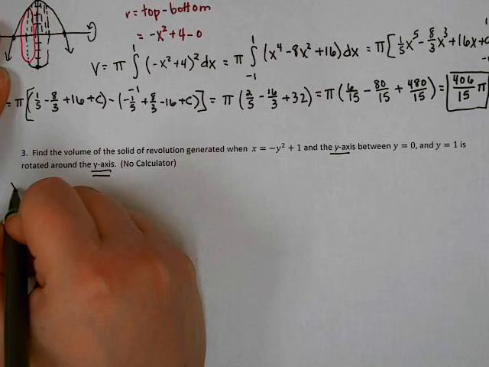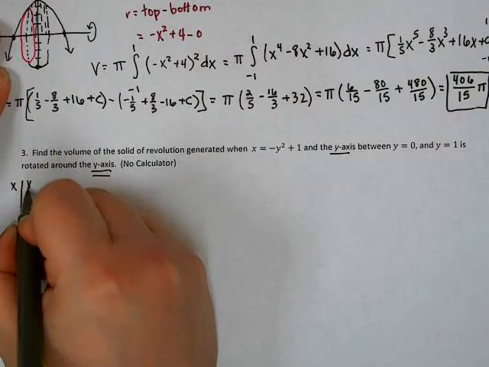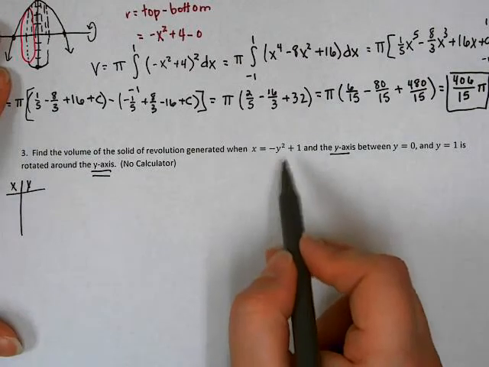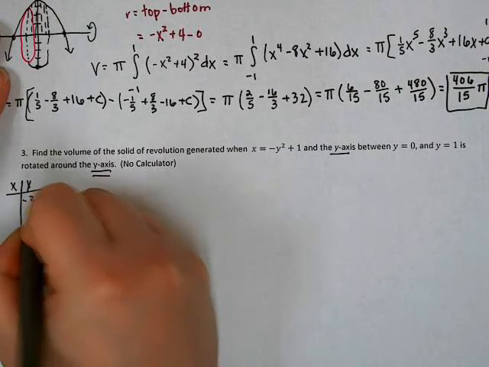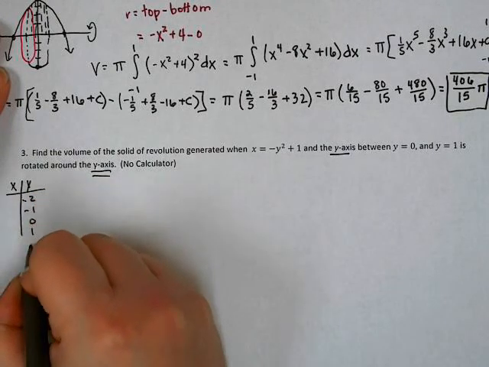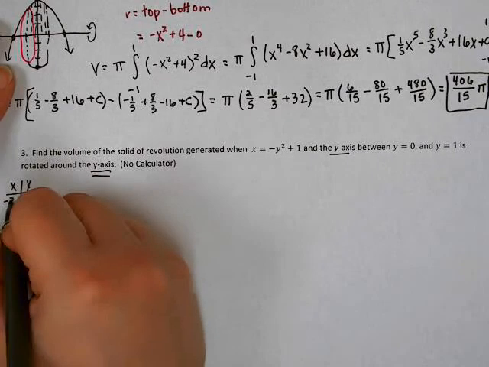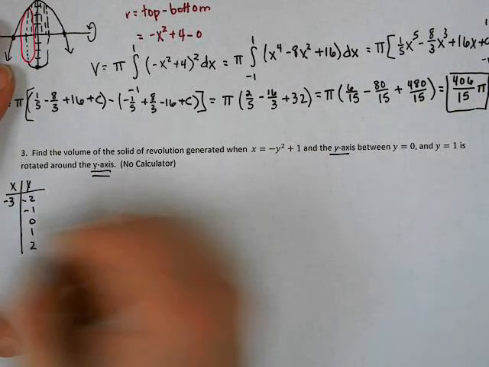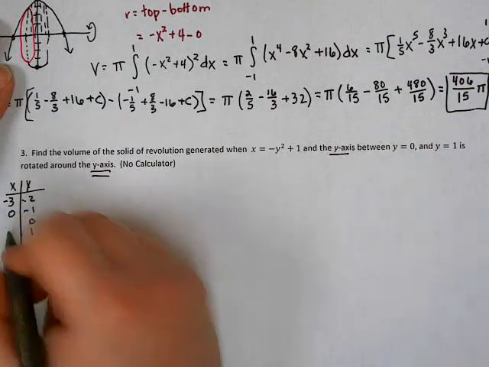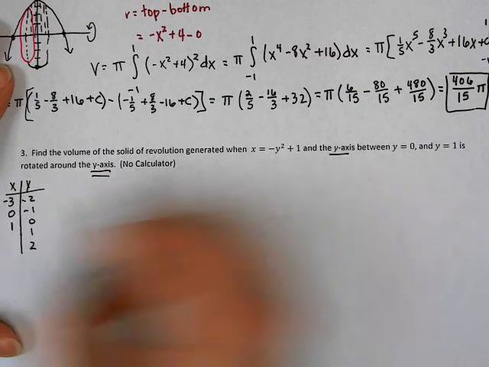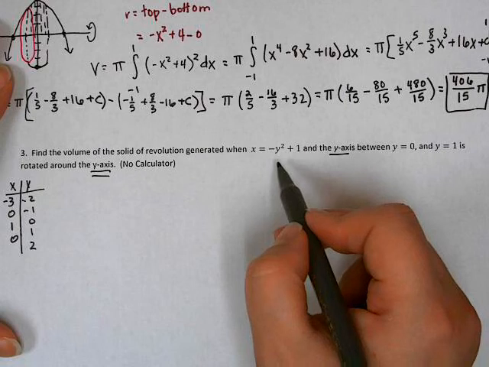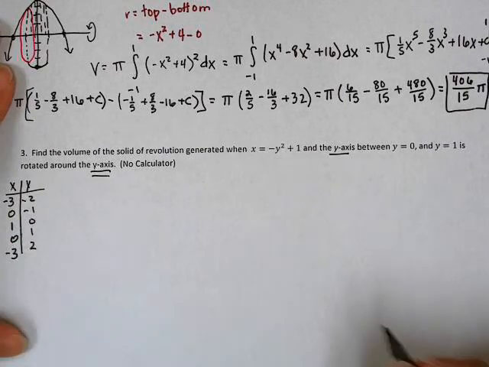In order to do that, I'm going to make myself an xy table over here, and I'm going to be plugging in y values. So I'm going to do -2, -1, 0, 1, and 2. If I plug in -2, I'd get -3, -1 gives 0, 0 gives 1, 1 gives 0 again, and 2 gives -3 again.